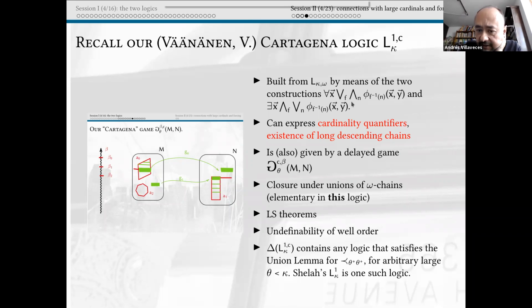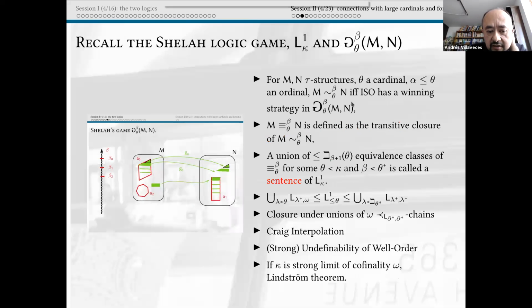However, it can express a lot of things like cardinality quantifiers, existence of long descending chains. It's also nice to have a game, because then the Cartagena game, which I put the picture of here, and which we described last time, allows us to compare in a kind of nice way with the Shelah game. The picture is almost the same. So remember the picture of the Shelah game, there are the delays and the splitting.